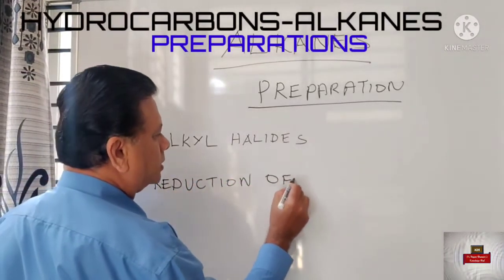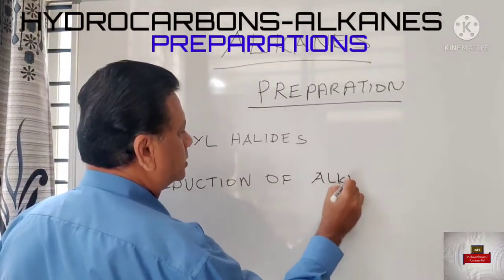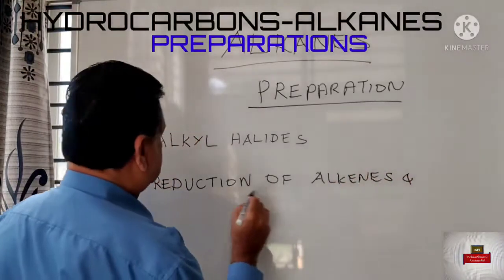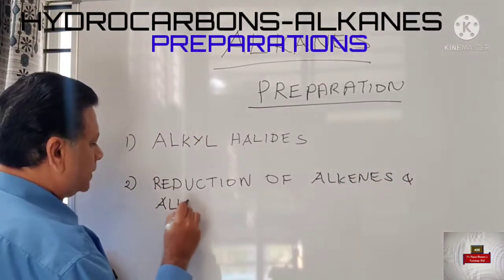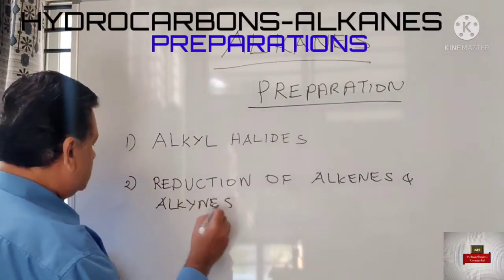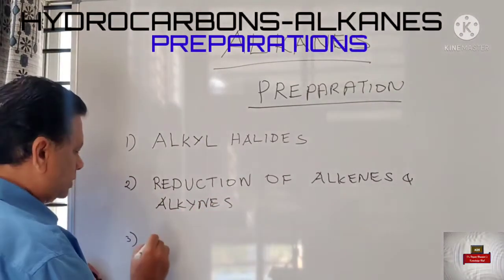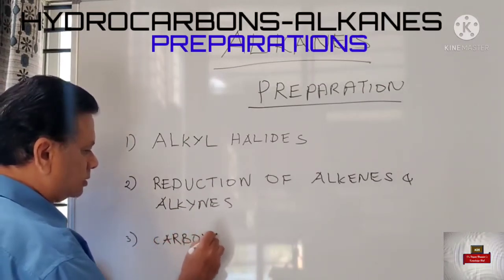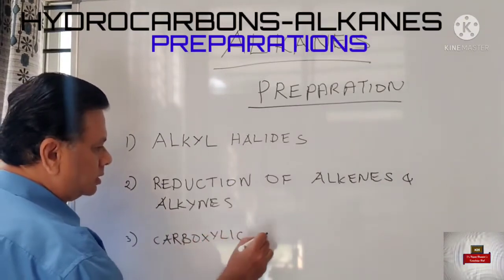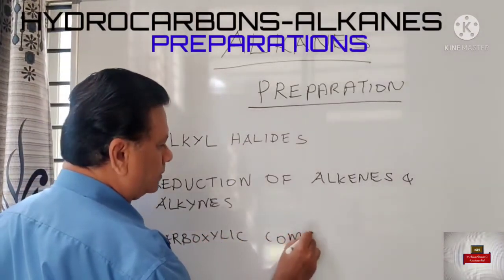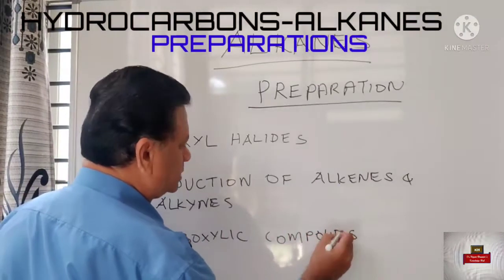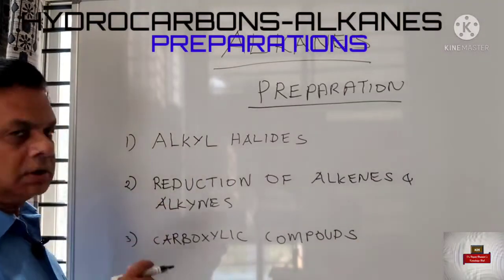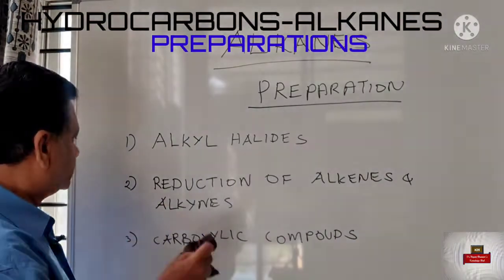Reduction of alkenes and alkynes. Okay. Number 3, from carboxylic compounds. Now we will see preparation from alkyl halides.